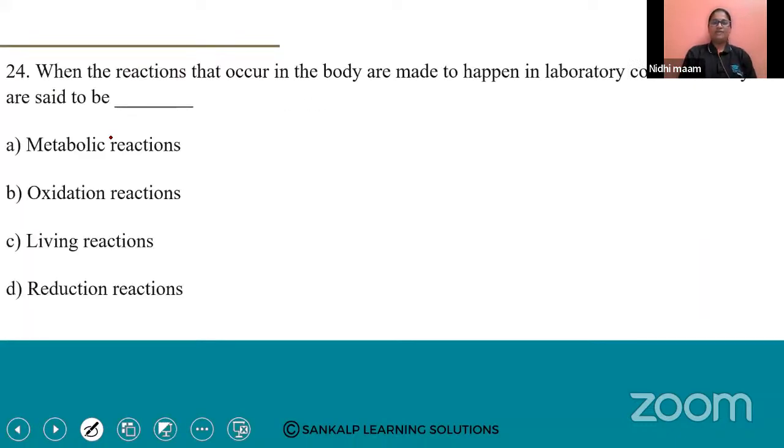Next question. When the reactions that occur in the body are made to happen in laboratory condition. For example, fertilization, that is fusion of sperm with the ovum. This happens in the female. If it is done in the laboratory, they are said to be what?